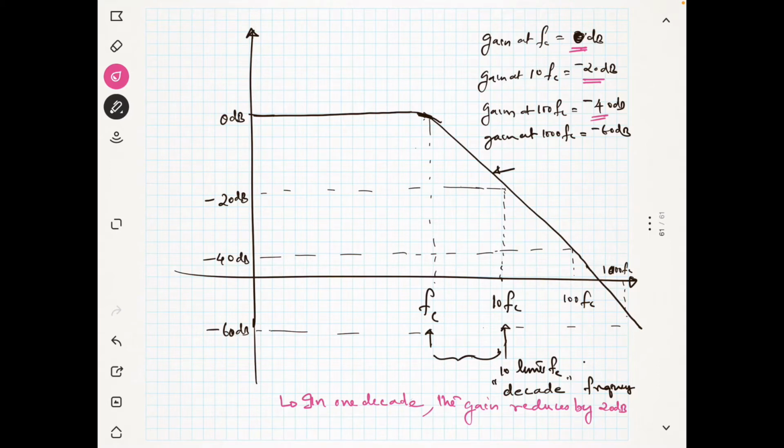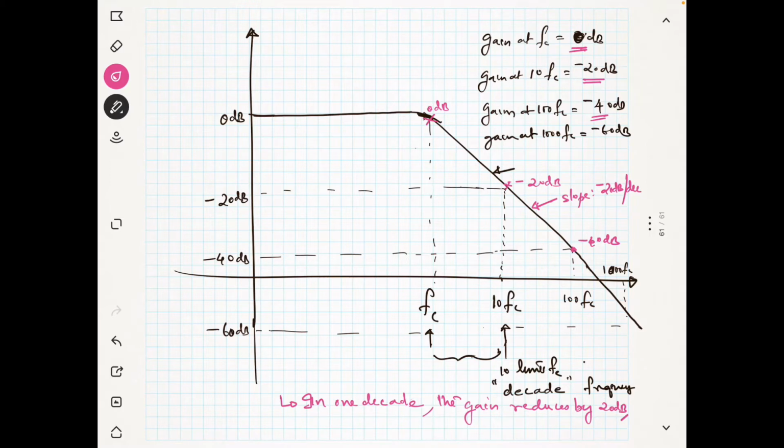Suppose this gain is 0 dB, you get minus 20 dB here, then minus 40. That means minus 20 dB is decreasing in 1 decade. So the slope is minus 20 dB per decade. This is the notation.